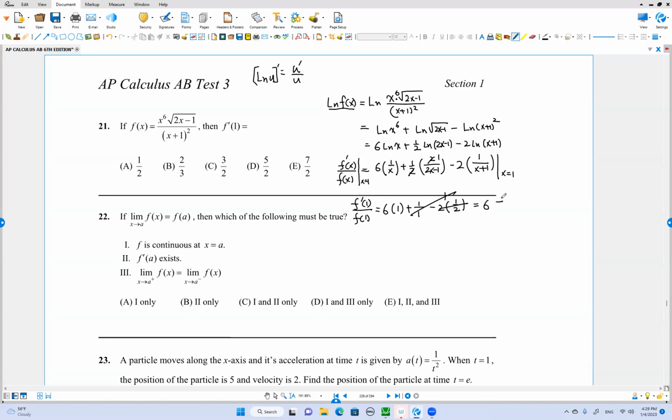So f prime of 1 is 6 times f of 1, right?